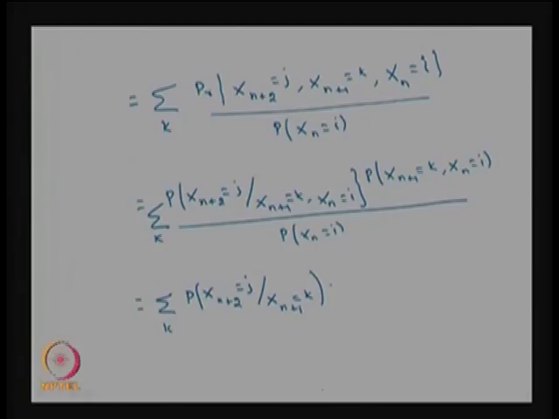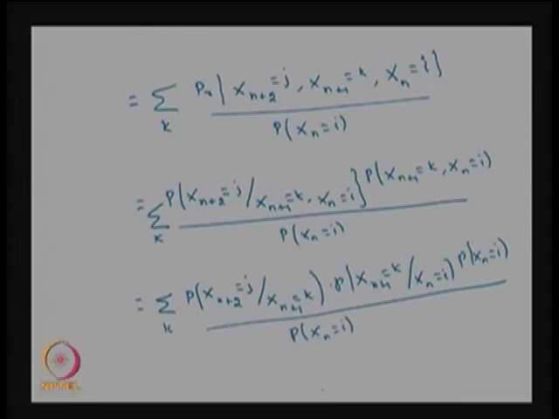Therefore, this is the conditional distribution with only X_{n+1} and X_{n+2}. And similarly, I can write the joint distribution of these two random variables X_{n+1} and X_n as the probability of X_{n+1} taking a value k given that X_n takes a value i, times the probability of X_n taking a value i, whole divided by the probability of X_n taking the value i.